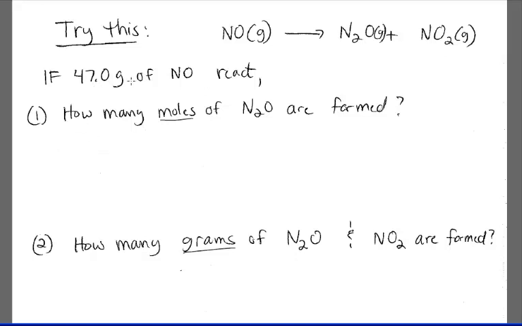Okay, so 47 grams of NO react, and we want to know how much N2O is formed. So we'll start with what we have: 47 grams of NO, and convert it to moles.